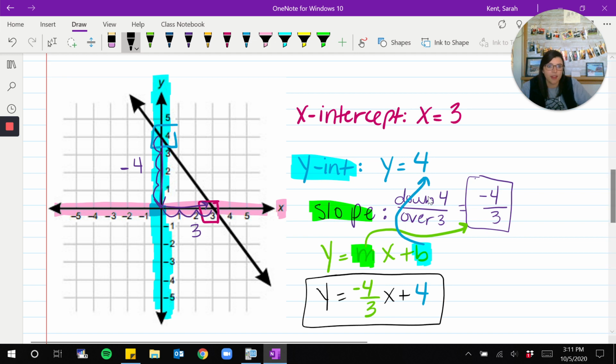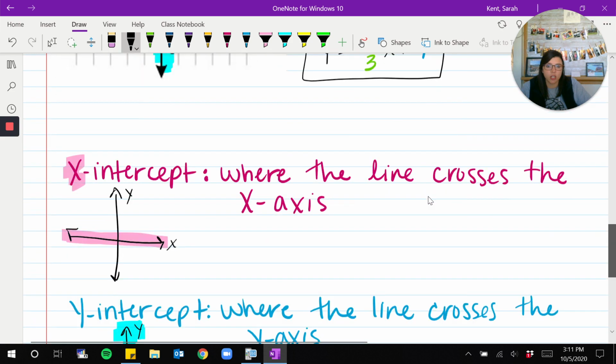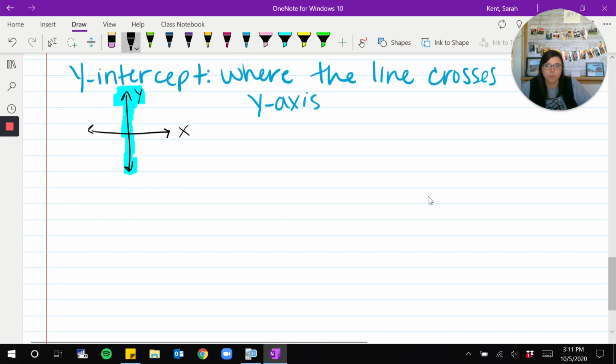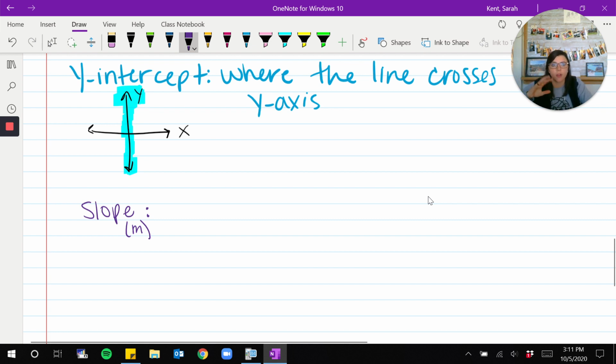All right, and then for a definition for slope, here slope is the letter m. Slope, we can think of it as the change from one point to another, or how it is moving. So if we think of m, we think of movement from one point to another.